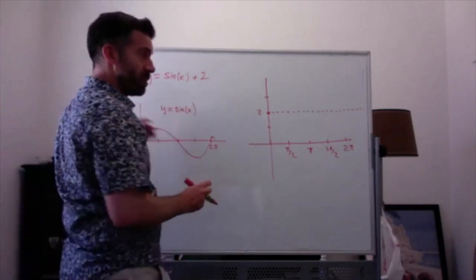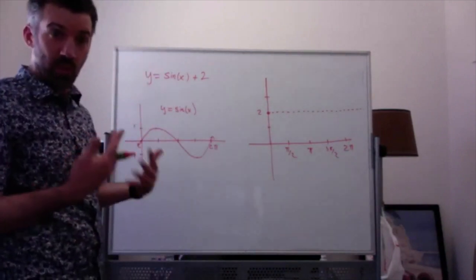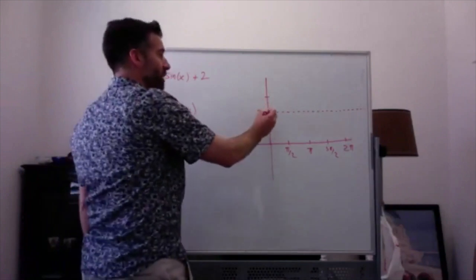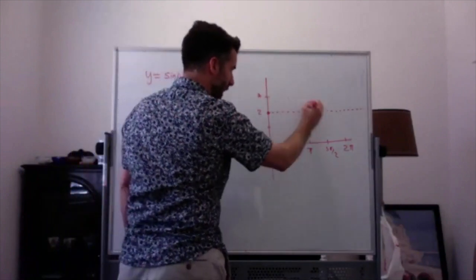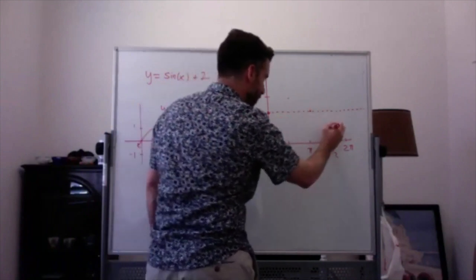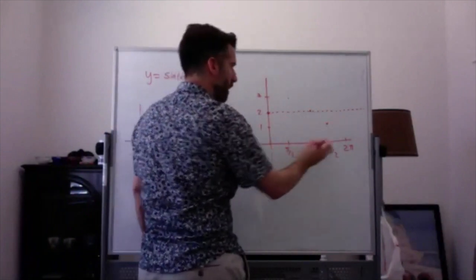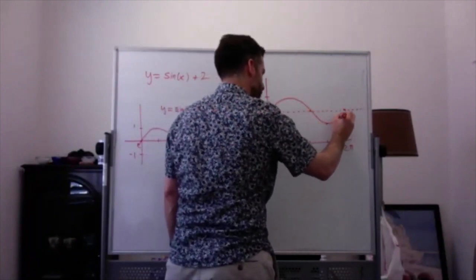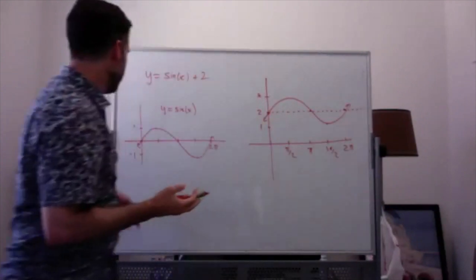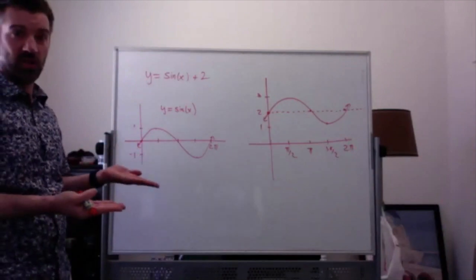So that's why I said before the amplitude is how far you move from the middle. Once I start at the middle, then I'm going to go up 1 to 3, and then back to the middle, and then down 1 to 1, and then back to the middle. So it looks just like this graph, just the whole thing is shifted up by 2.